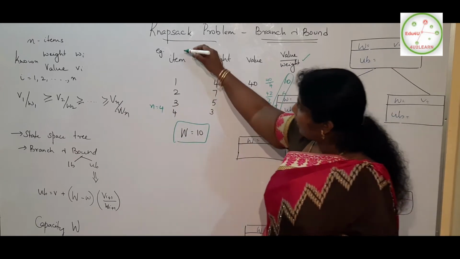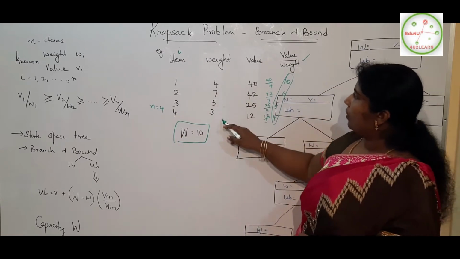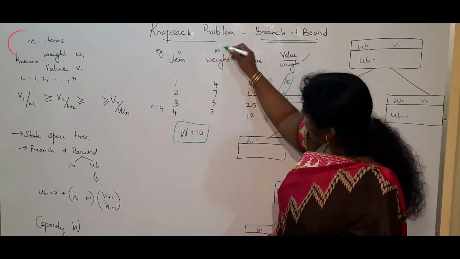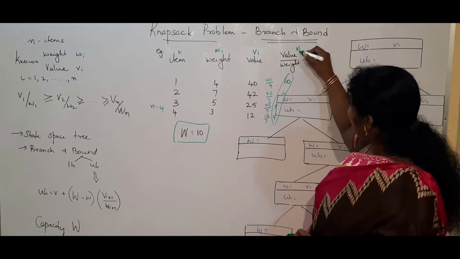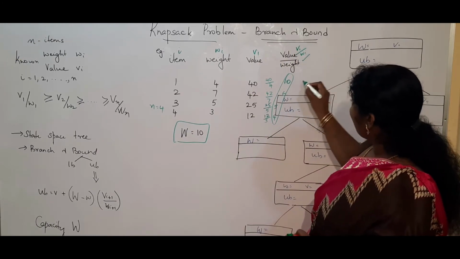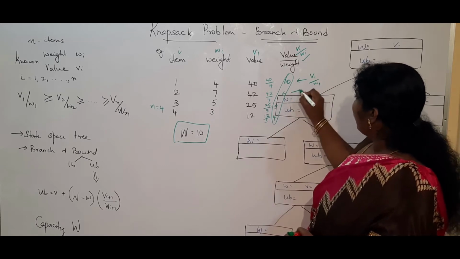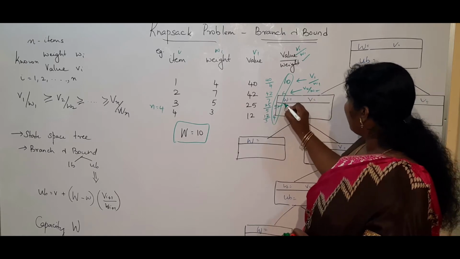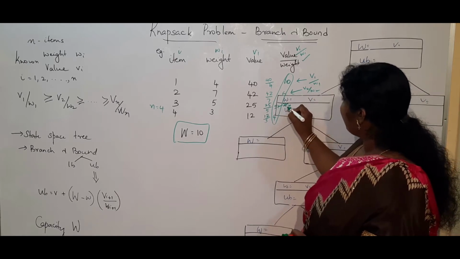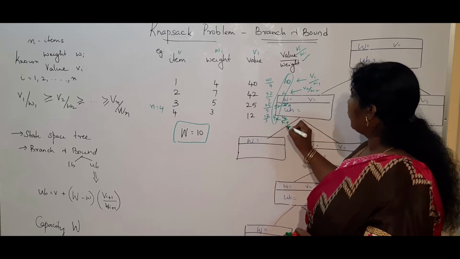So we have i ranging from 1 to 4, and we have Wi here, Vi here, and Vi by Wi, which is V1 by W1, V2 by W2, V3 by W3, and V4 by W4.